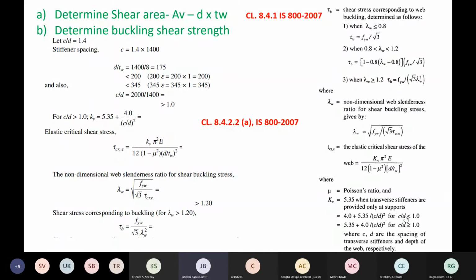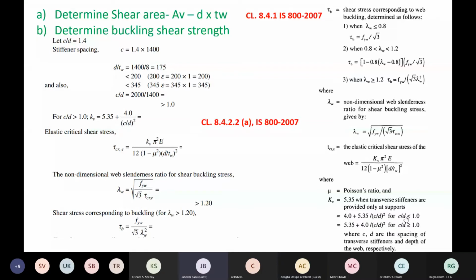So what is tau CRE? 43.14, Newton per mm square. This is critical shear stress, therefore it is in Newton per mm square.